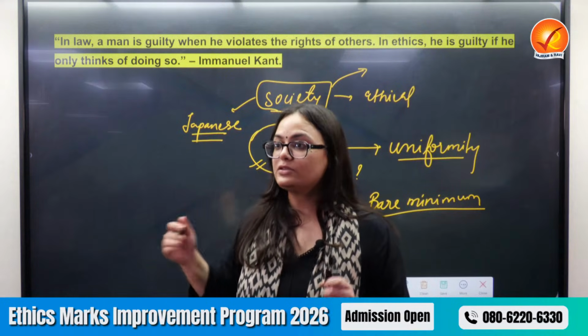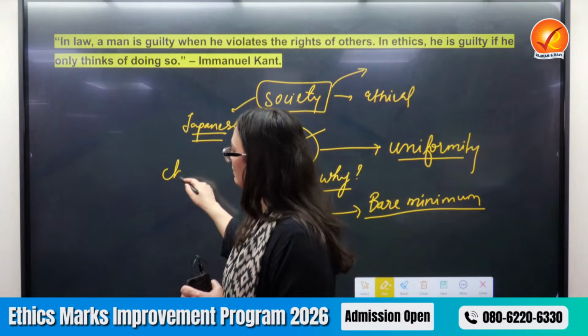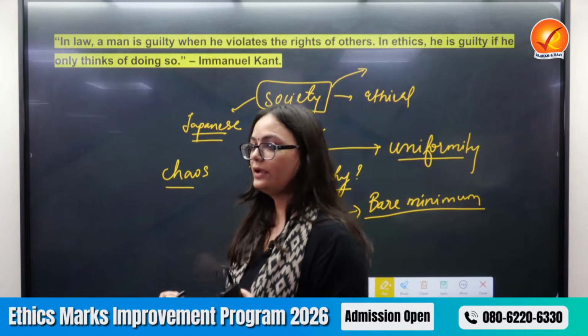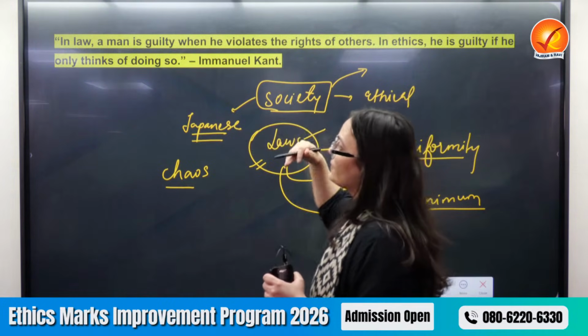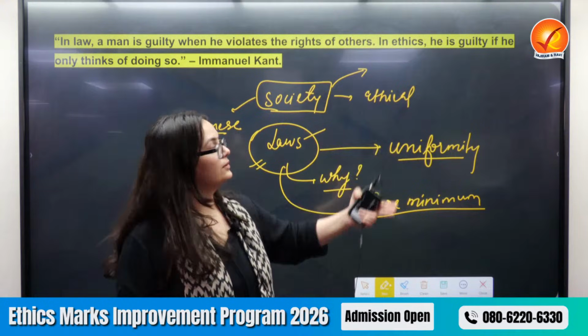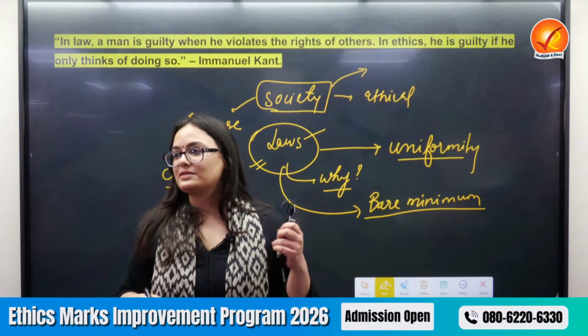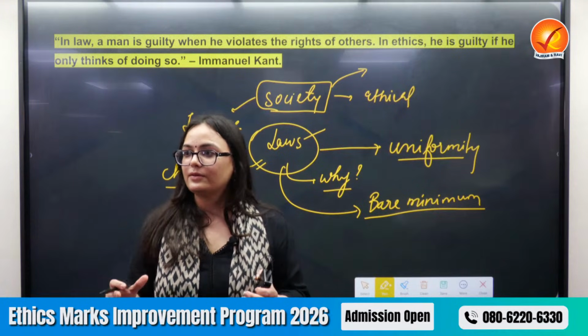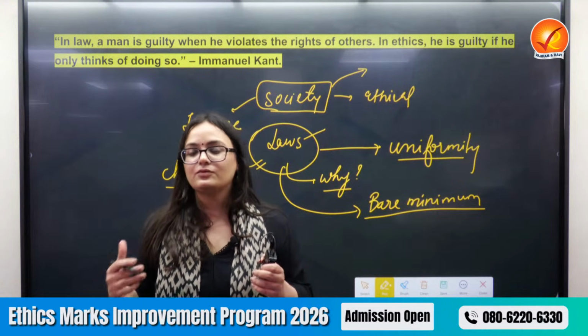Why? So that the society can operate without chaos. Is it clear? So, what was it talking about? The external, the reactive nature of law versus the higher standards plus the proactive nature of ethics. Is this clear? Are these the lines that you've written this on?